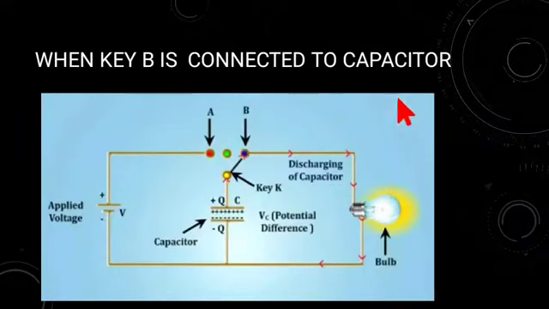When key B is connected to the charged capacitor, the charges in the capacitor leave the capacitor to the bulb and the bulb starts to glow.